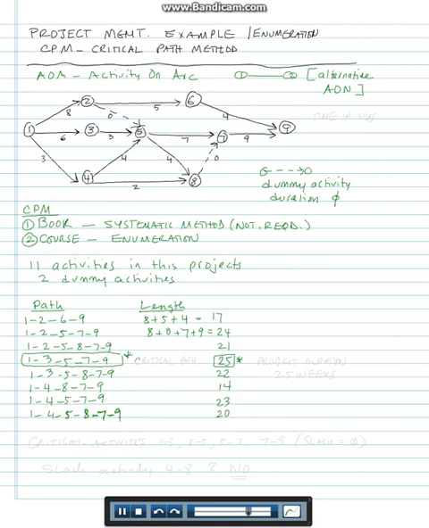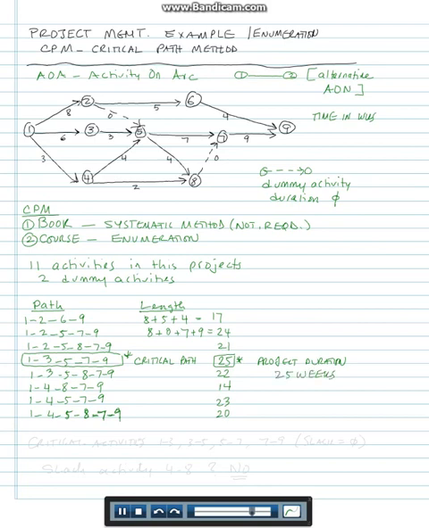So this would be my critical path. And so this would be the duration, the project duration. So if these are weeks, if the time is in weeks, so this project will take 25 weeks.